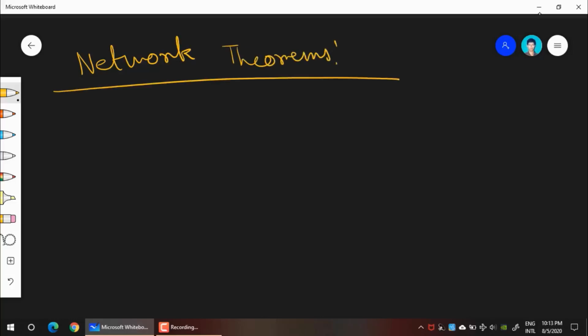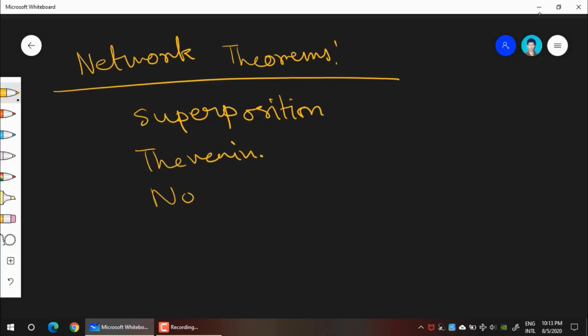In those network theorems, you had superposition, Thevenin, Norton, and max power.